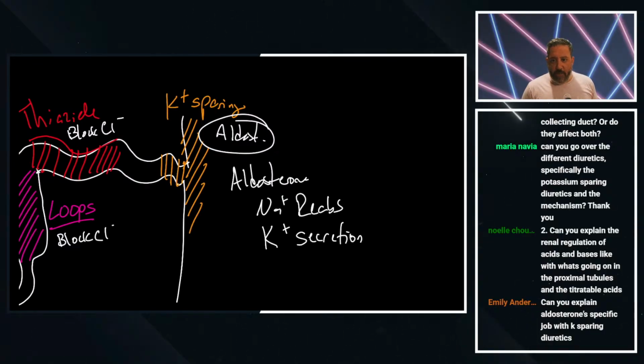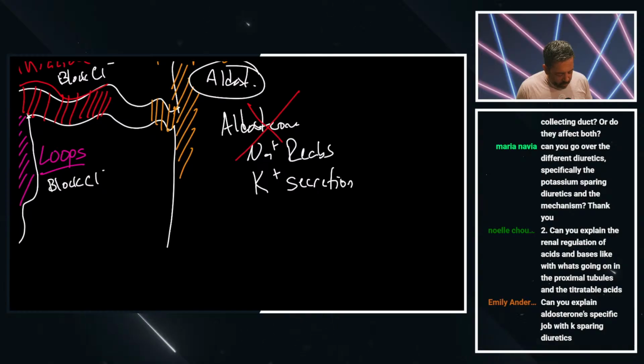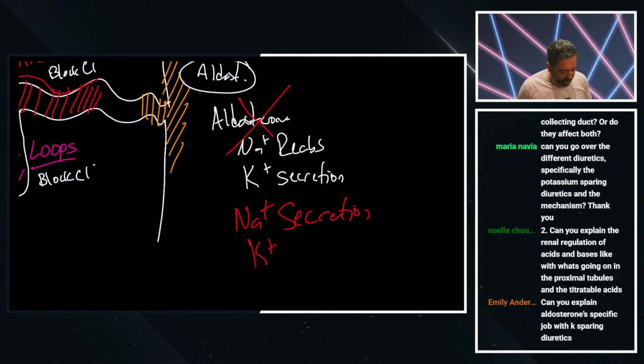The drugs that we give are aldosterone antagonists, so they're going to block the effects of aldosterone. If I block the effect of aldosterone, the opposite occurs. I'm going to cause sodium secretion, or it's just going to stay in the filtrate. I'm never going to bring it back. I'm not really causing sodium secretion. I'm just not reabsorbing it. And by not doing that, the potassium stays in the blood.